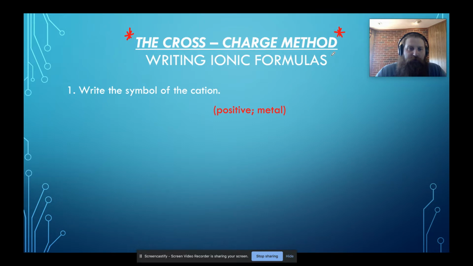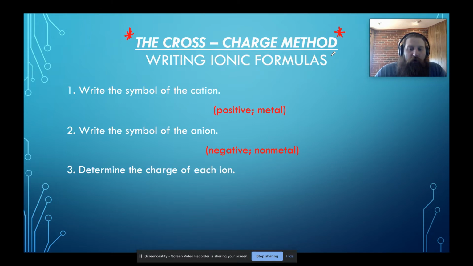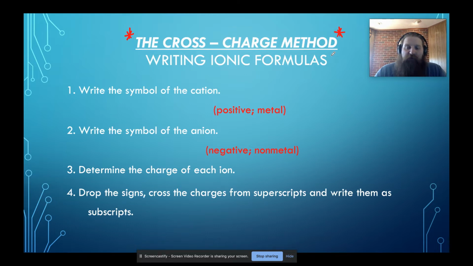It's got a positive charge. We write the symbol for the anion next. That's the negative nonmetal ion. We're going to figure out the charge on each ion based on where it is on the periodic table. We're going to drop the signs, so lose the plus or the minus, cross the charges from superscripts, and write them as subscripts. So they're going to go from the top, and they're going to cross to the bottom.